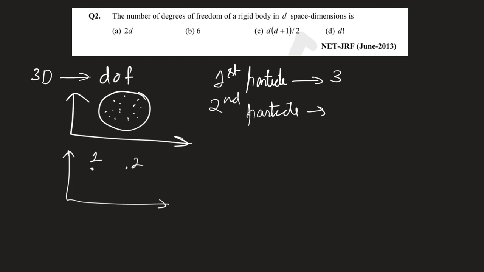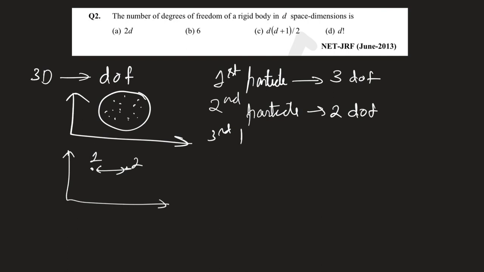The distance between the first and the second particle is fixed. So we would only have 2 degrees of freedom for the second particle, as we have a constraint which basically says that the distance between the first and second particle would be fixed as it's a rigid body.